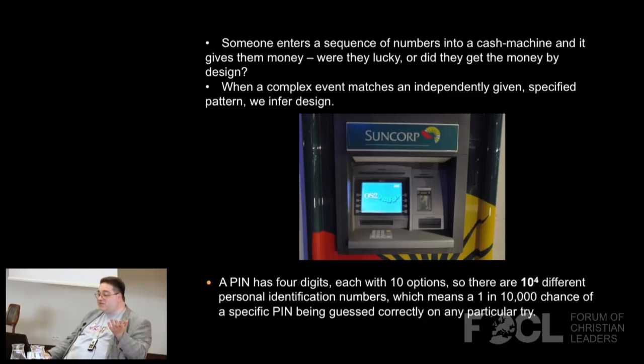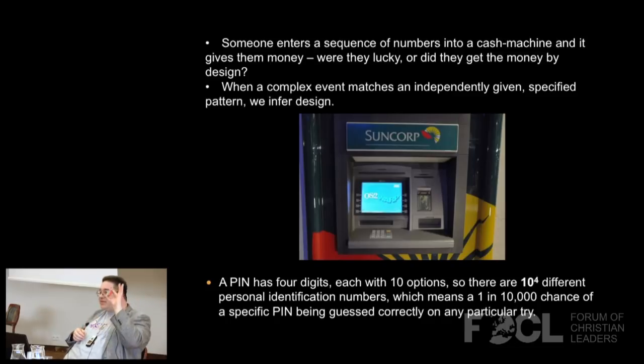Now, a PIN number has 4 digits. It's just like this combination lock here. We've got 4 tumblers, 0 to 9, so 10 each. 4 digits each with 10 options. So there are 10 to the power of 4 different PIN numbers that are possible. That's the range of all possible PIN numbers, 10 to the power of 4.